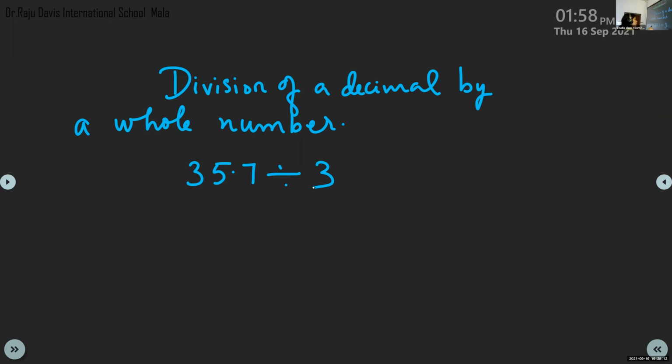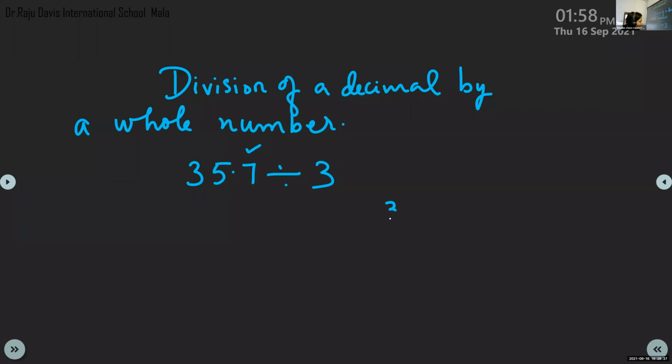Decimal place means how many digits after the decimal point. Here only one. Same decimal places should come in the quotient also. Clear? Okay, listen to me.